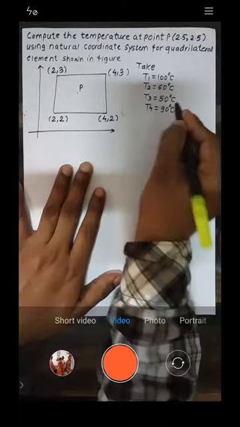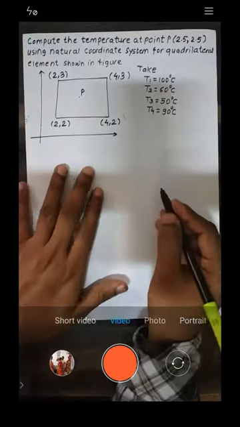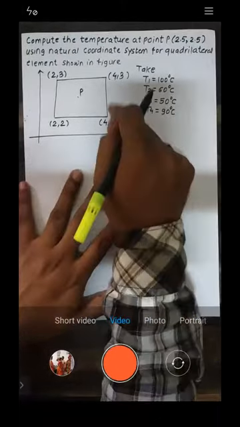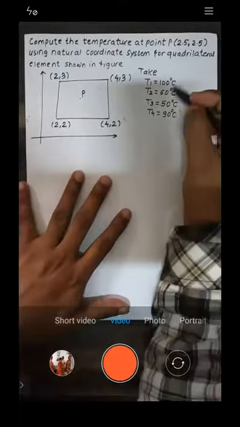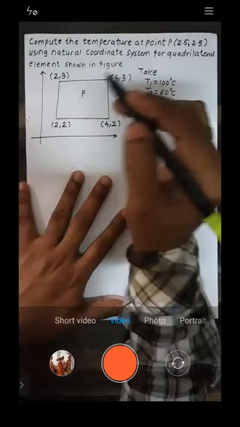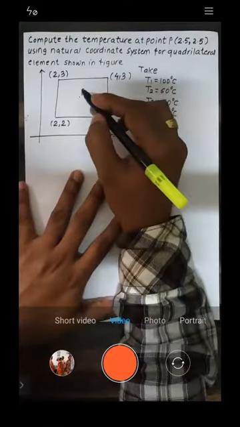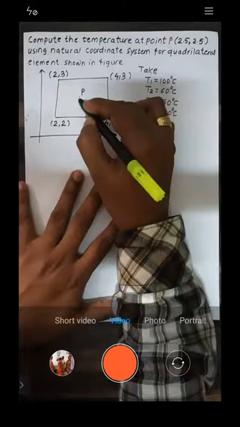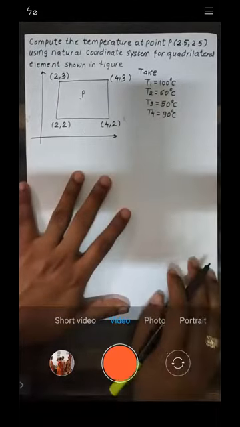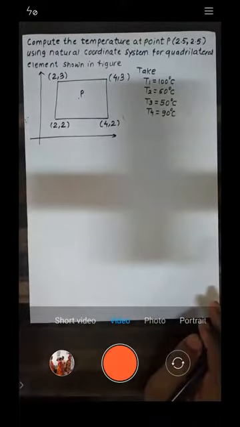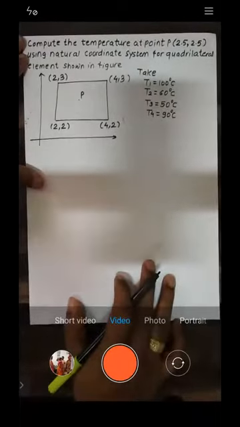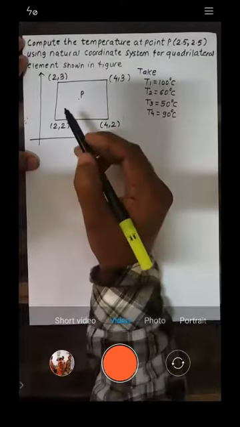So see in the problem what is given. They have given the coordinates of every node.